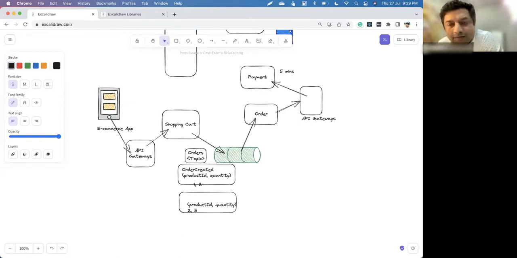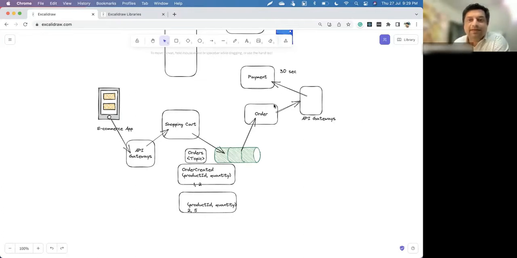Now order processing is waiting for the response, right? So it cannot do anything in these 5 minutes. Or let's say now things are very fast. Even if it is taking 30 seconds, which is definitely reasonable, it will not be able to process more requests in these 30 seconds until payment is completely processed.